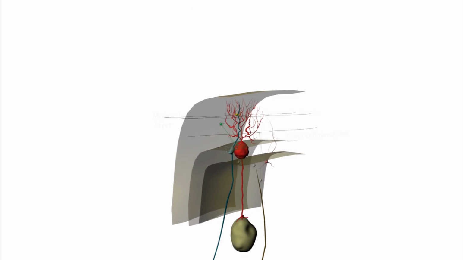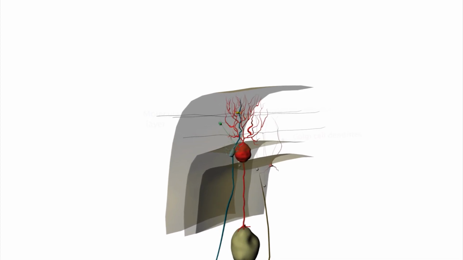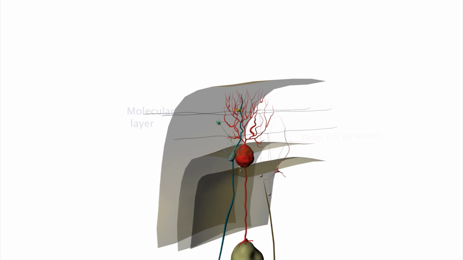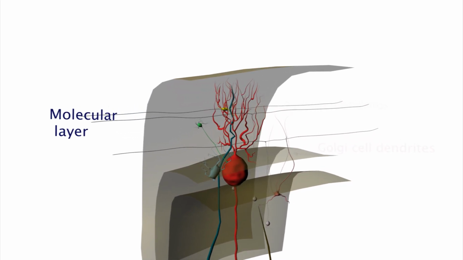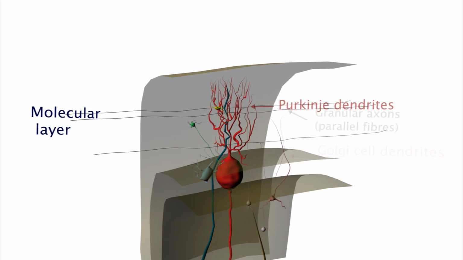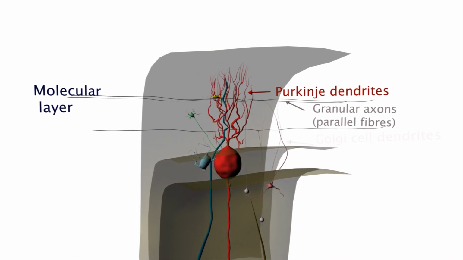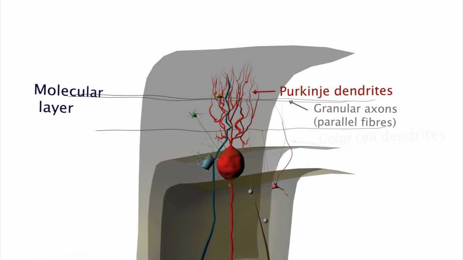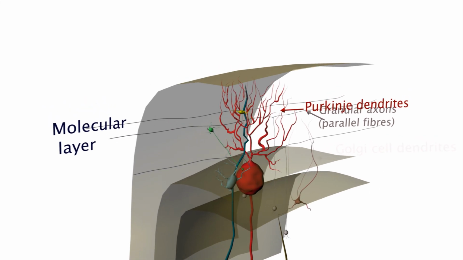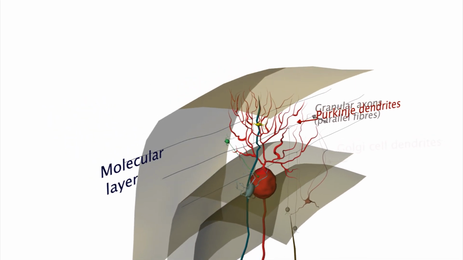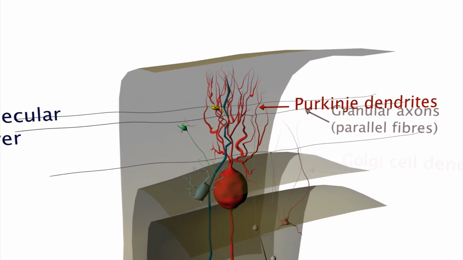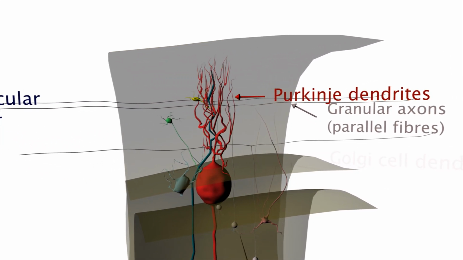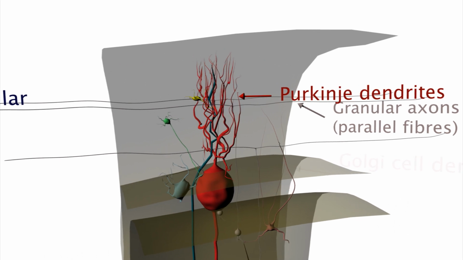As mentioned before, the outermost layer of the cerebellum is the molecular layer, which contains the dendrites of the Purkinje cells, as well as the axons of the granular cells that are organized in parallel to each other, forming the parallel fibers. The parallel fibers run perpendicular to the dendrites of the Purkinje cells with which they synapse.